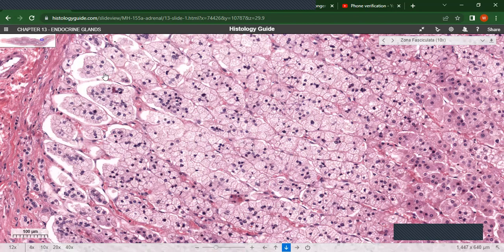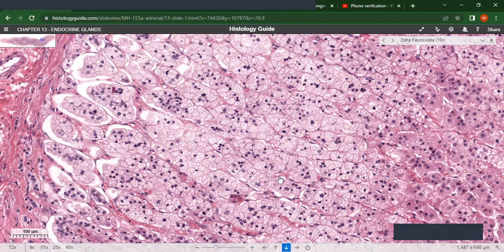Contrast to this area where they were arranged in arching cords. Here they are arranged in columns. We can see these gaps, like this gap between the columns. These are the sinusoids. The sinusoids, they are the vascular channels.